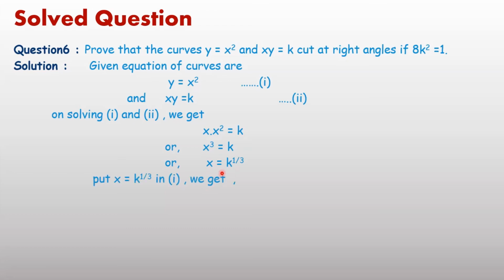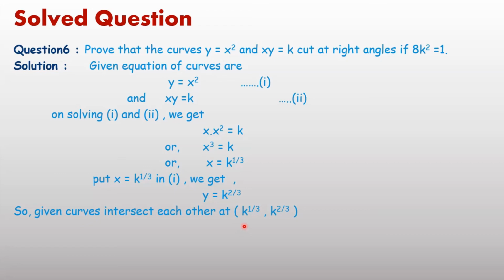Put the value of x equals k power 1 upon 3 in equation first. You will get y equals x square, which means k power 2 by 3. Hence, the intersection point of these two curves is k power 1 by 3 comma k power 2 by 3. Your first task: two equations of curves are given, solve and find out the intersection point.